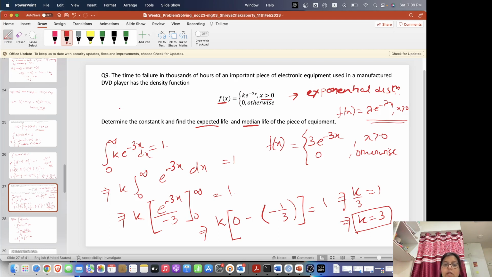So if this is the function, and this is a point x, around it, if we take a very small interval, this area which I am shading, that is k e to the power minus 3x.